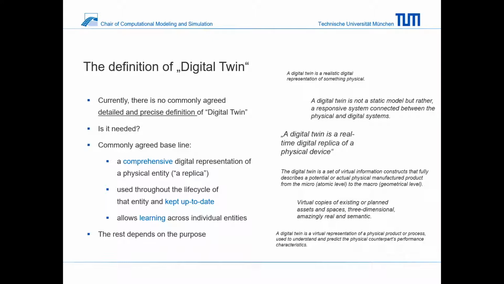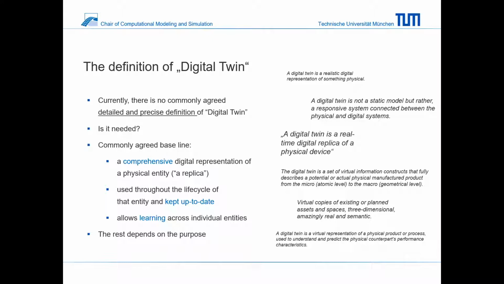There is at least a commonly agreed baseline across the different definitions I found. Everyone says it is a comprehensive digital representation of a physical entity. It is a replica. Some say it's a really detailed digital representation, a digital copy. Others say no, it's an abstraction, so there is some room for interpretation.